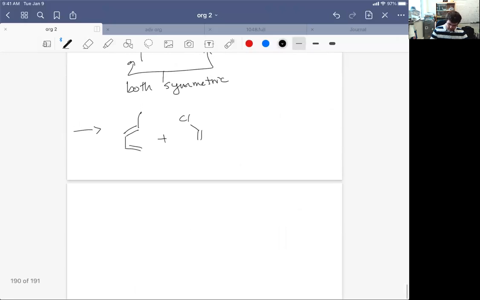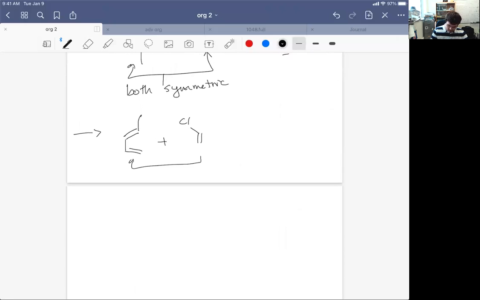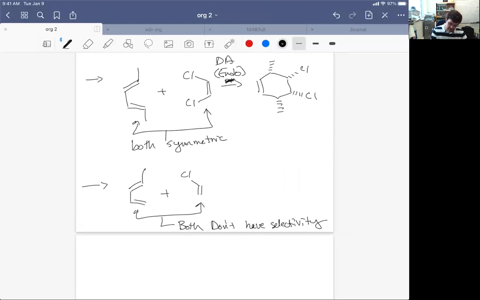Sorry, ran out of pages there. So I would say here that they both don't have selectivity. Both my diene and my dienophile no longer have selectivity, jeepers, symmetry, excuse me.